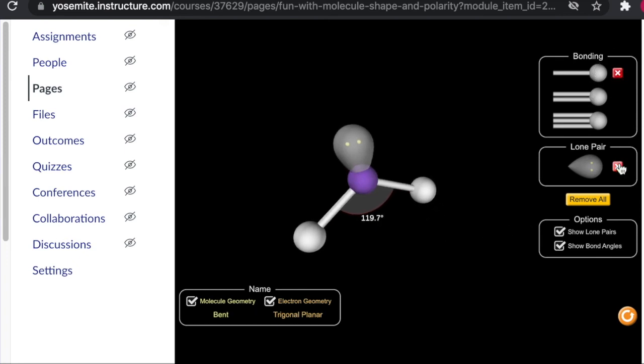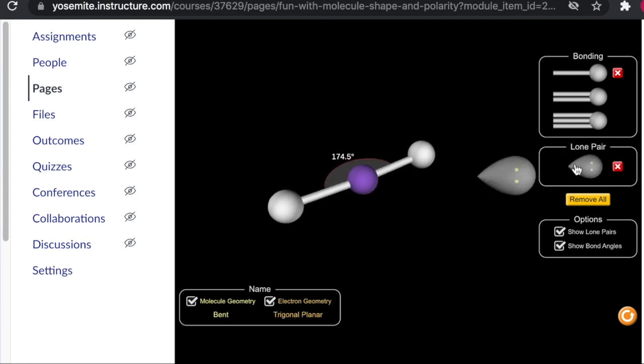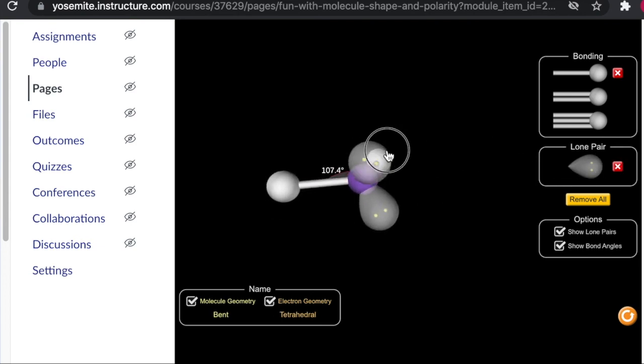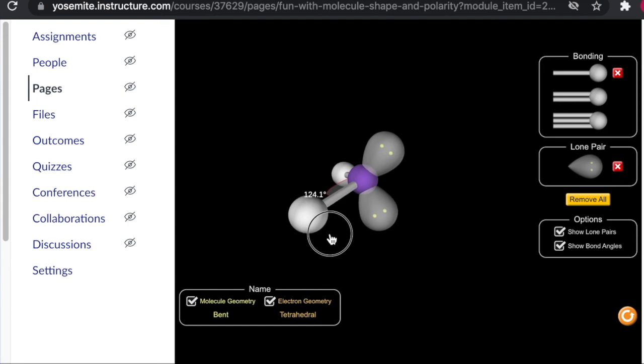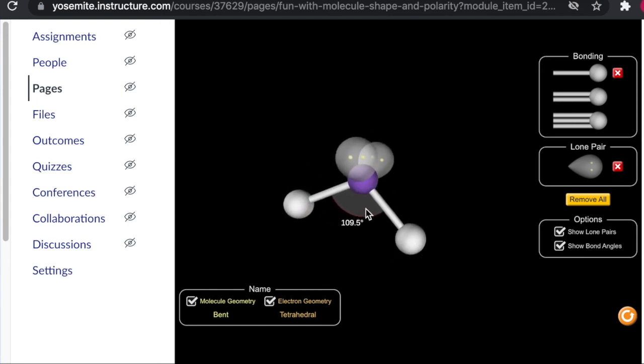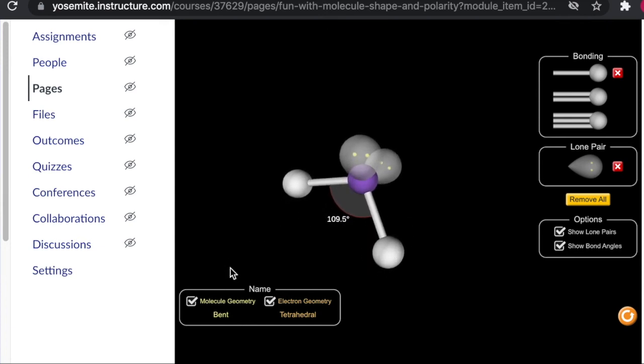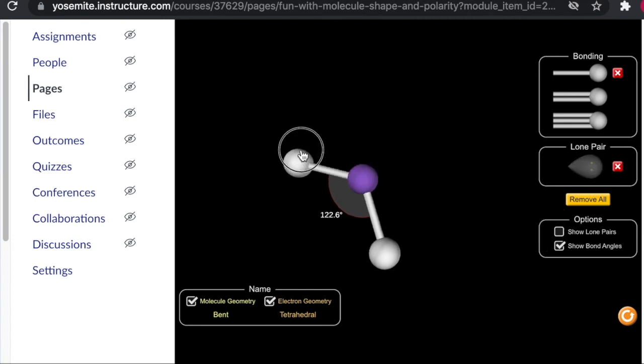Now let's do water with 2 atoms and 2 lone pairs. It still has that tetrahedral electron geometry with the 109.5 degree angle, but the shape just looks bent, especially if we get rid of those lone pairs.